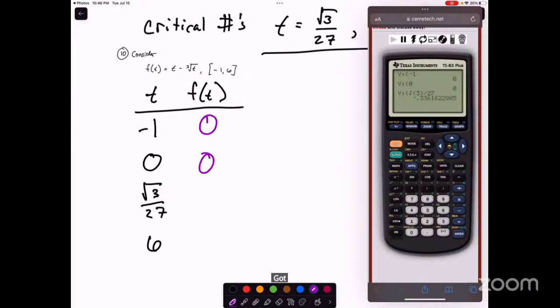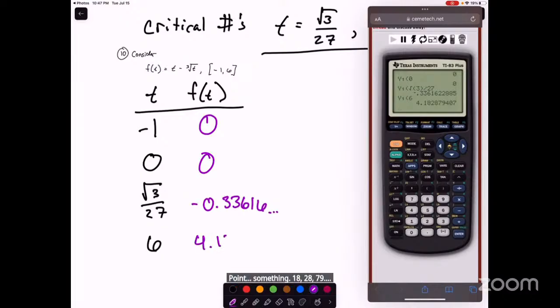Got a negative point something. Okay. And then the corresponding y when x is 6. 4 point something, 18, 28, 79, yada, yada, yada.